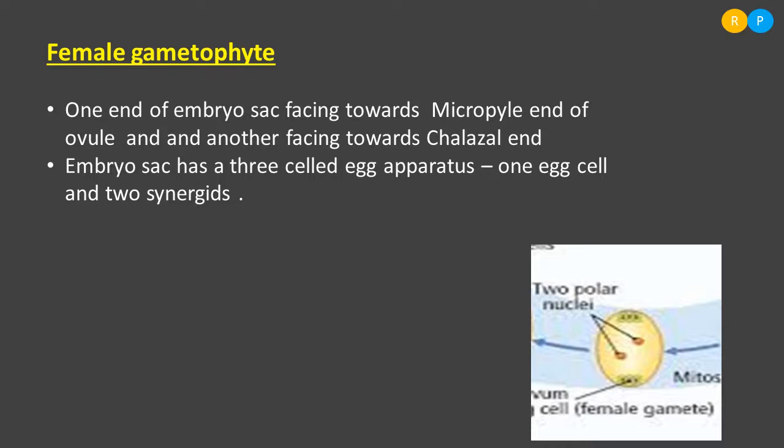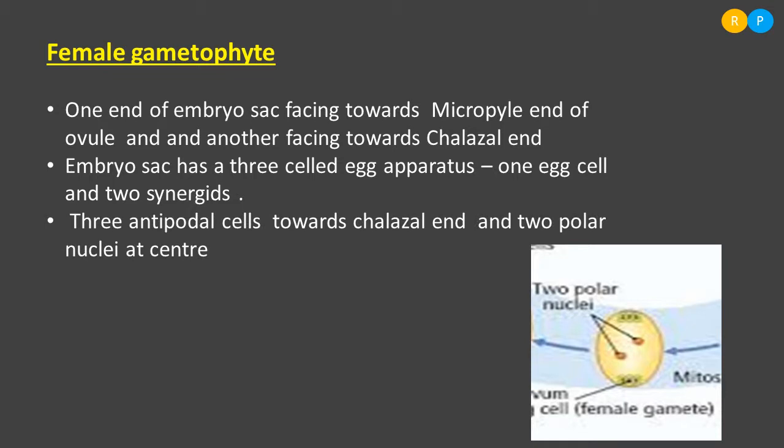Among the 3, one cell is the egg cell, and on either side of the egg cell synergids are present. You can clearly find the egg here in the egg apparatus, and on either side of the egg you can find the synergids. And towards the chalazal end, another 3 cells are present.